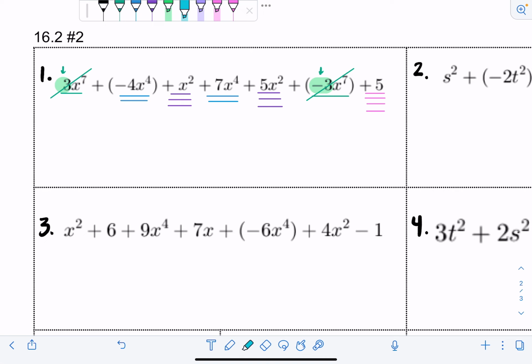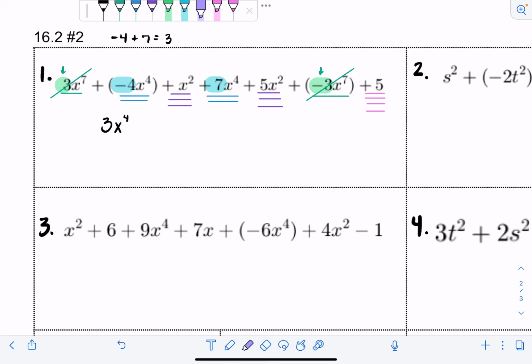And then for the x to the 4th power, that's my next highest power, I have a -4 and a +7. So I would do -4 plus 7 is 3. And then the x to the 4th part stays exactly the same. So if I combine those two terms, I would have a 3x to the 4th from adding -4 plus 7, and then x to the 4th stays exactly the same.